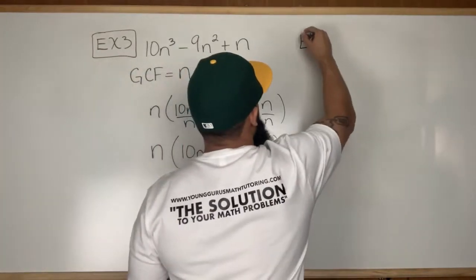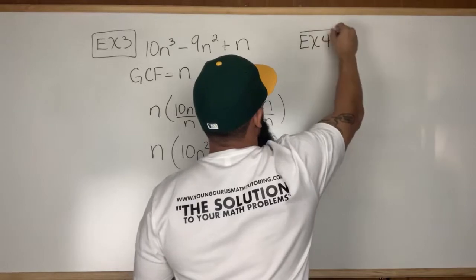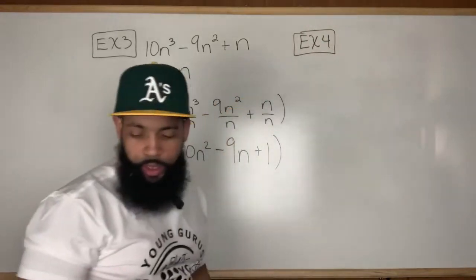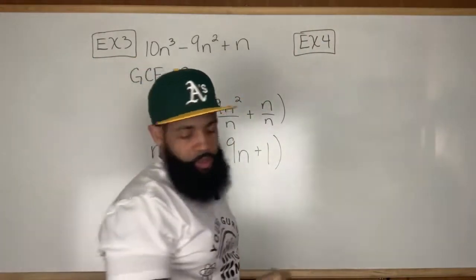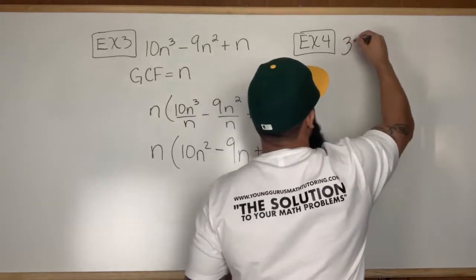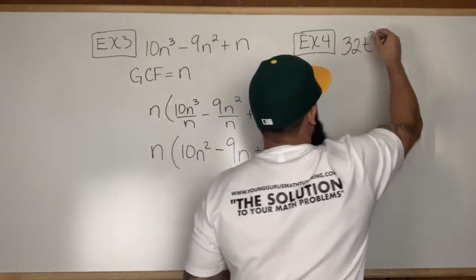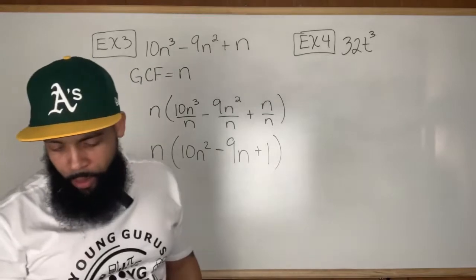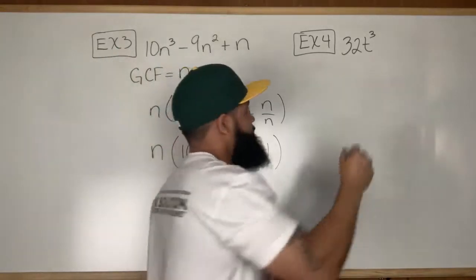And example 4, let's do one more type of example, see what we get here. This one we have 32t to the third power plus 28t minus 20.